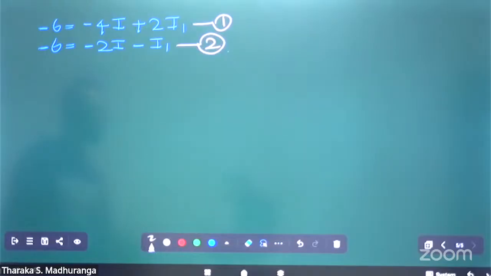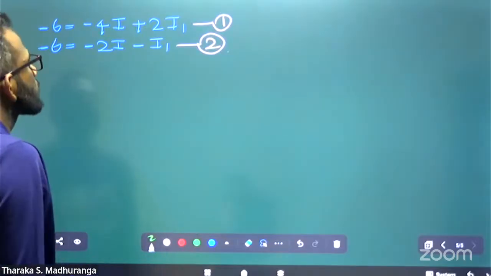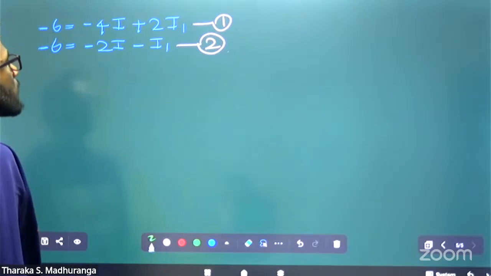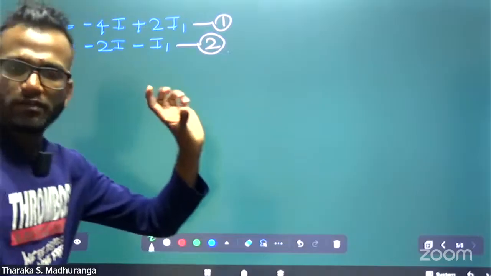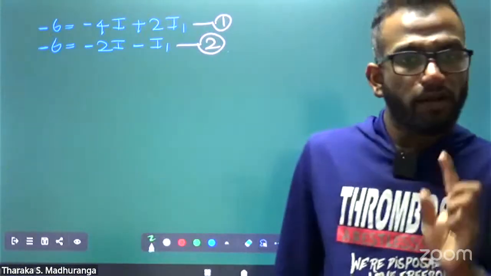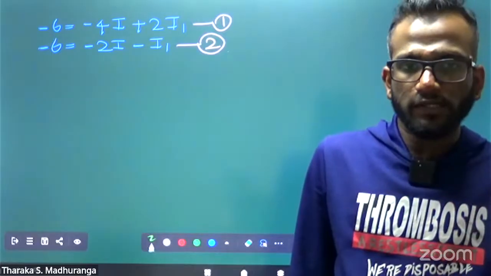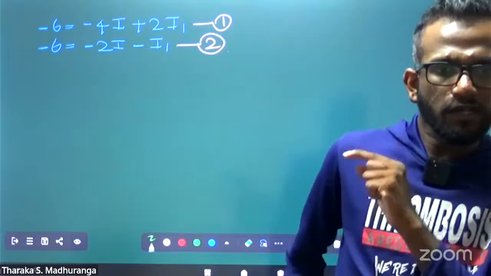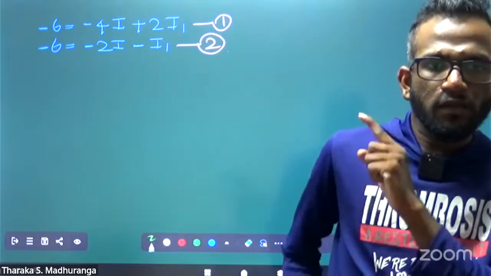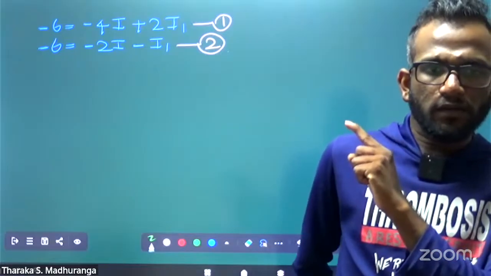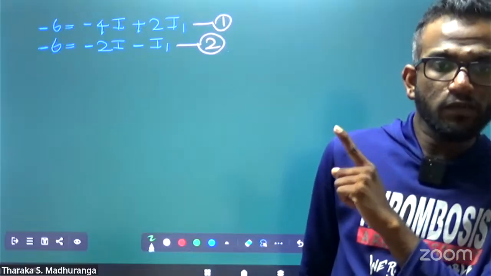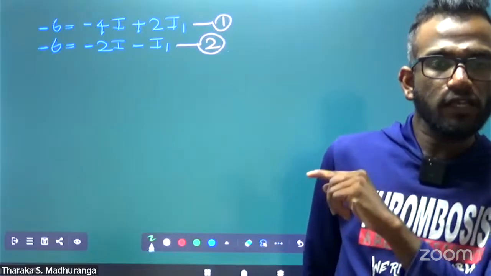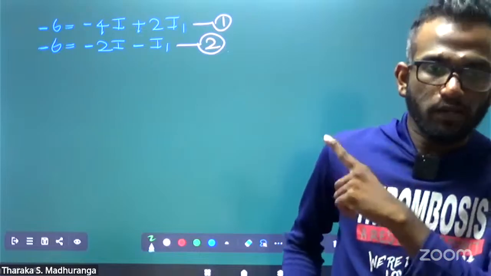Before solving simultaneous equations, what is the requirement? We need equal coefficients for one unknown. In the first equation the I coefficient is 4, in the second it is 2. For I1, the first equation has 2, the second has 1.